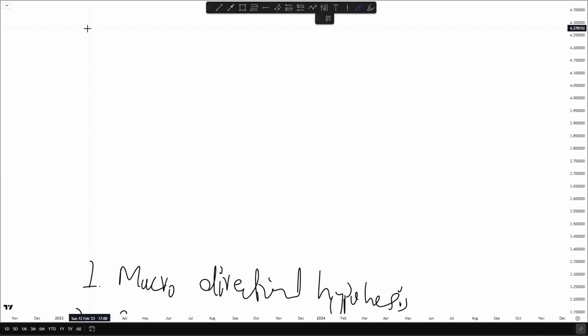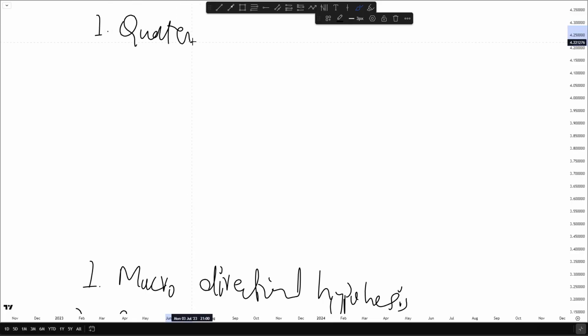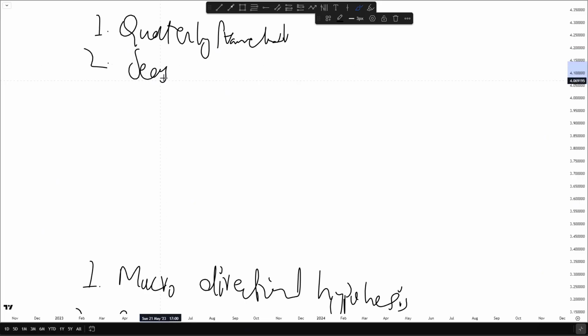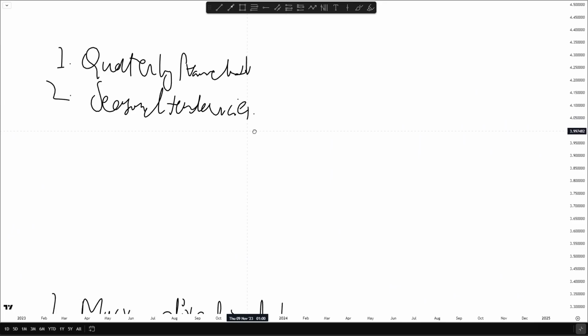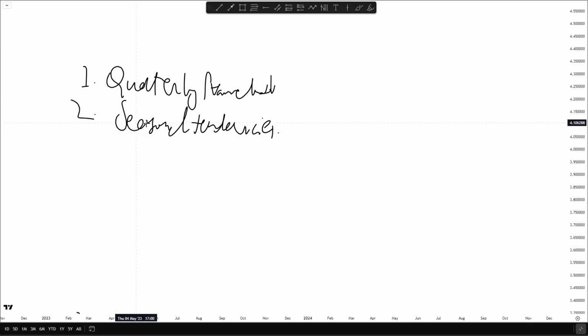So we do that with the help of two concepts. Number one, quarterly framework, and number two, seasonal tendencies. So what we do first of all is we look at the seasonal chart for our respective asset.